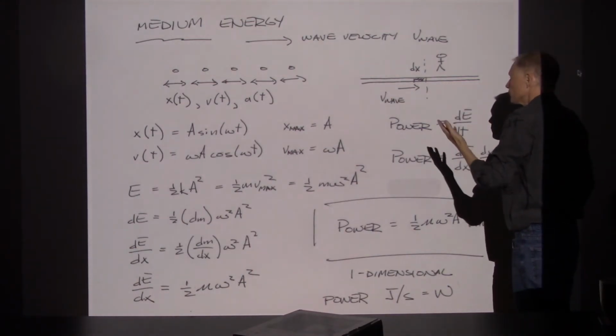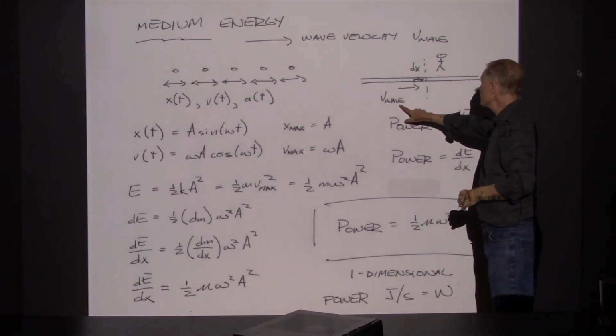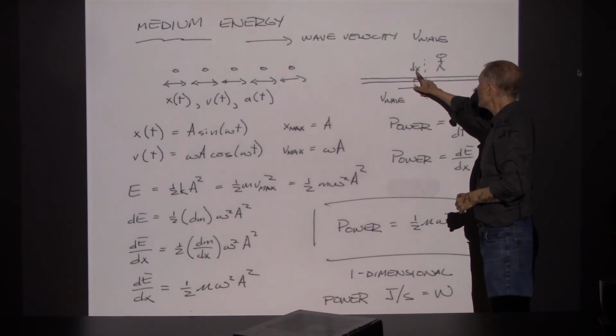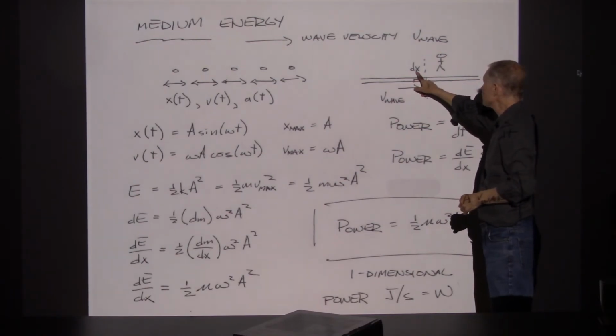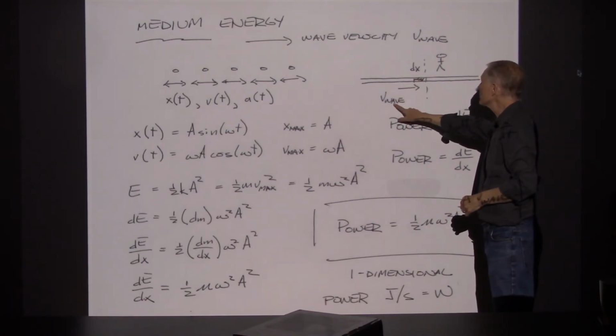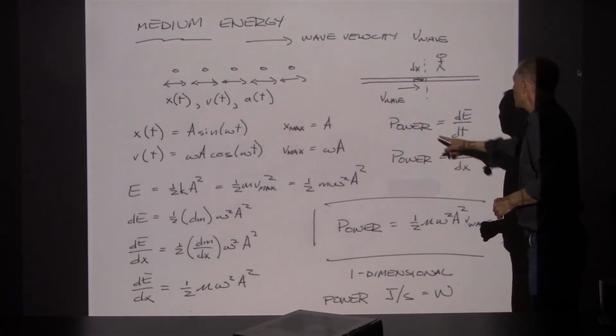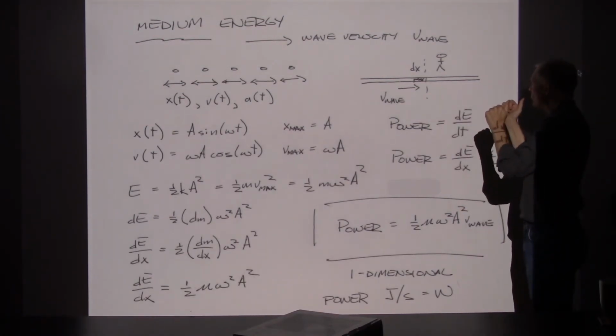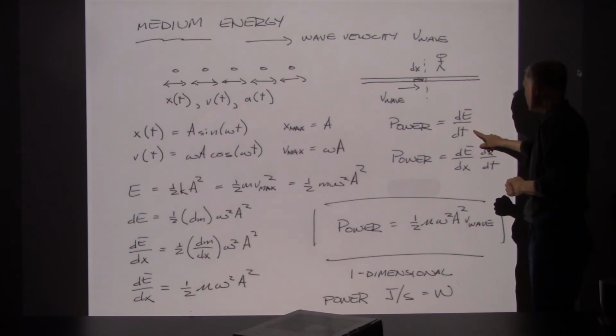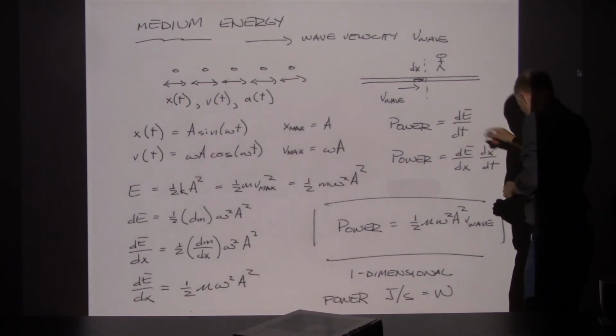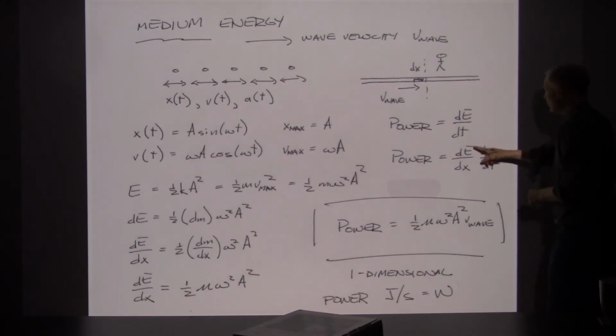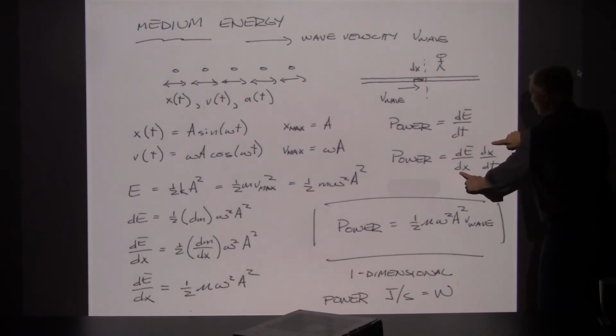And that depends on the wave speed. So dx is going to equal the wave speed times dt. The power, the rate at which energy crosses that boundary, is dE/dt. I can rewrite this by putting a dx underneath, dx in the numerator and the denominator.